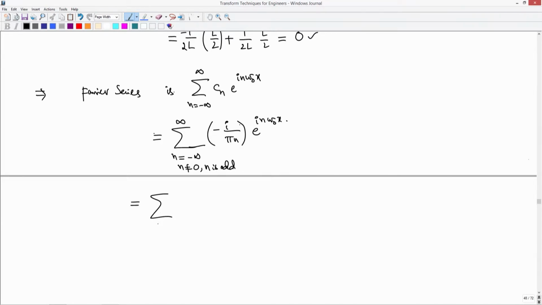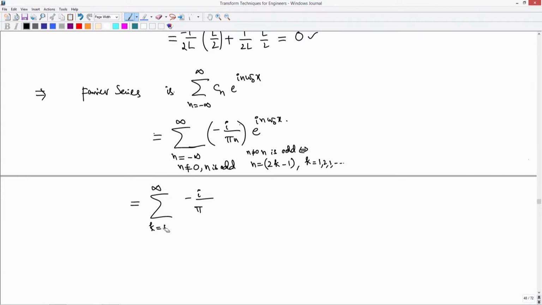So, what is this one? This is actually equal to, you can write minus I divided by pi times, if n is odd, 2k minus 1, k running from 1, 2, 3 onwards. N is odd, and n not equal to 0, is equivalent to n equal to 2k minus 1, so you have k running from 1 to infinity.